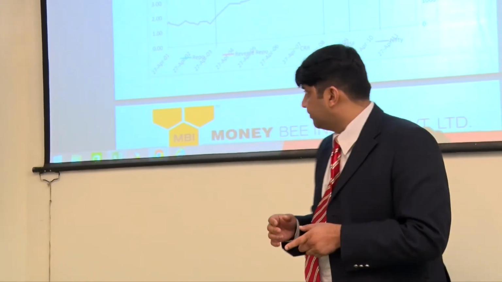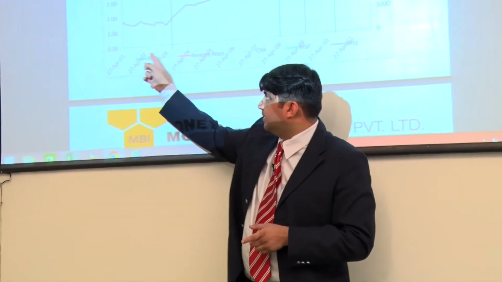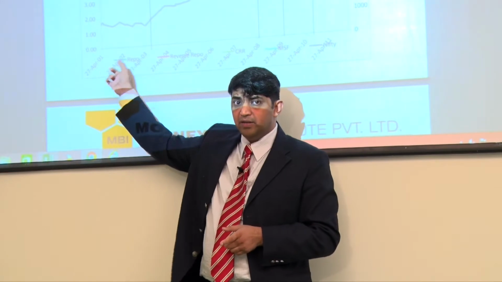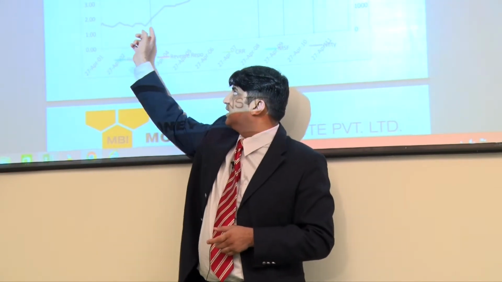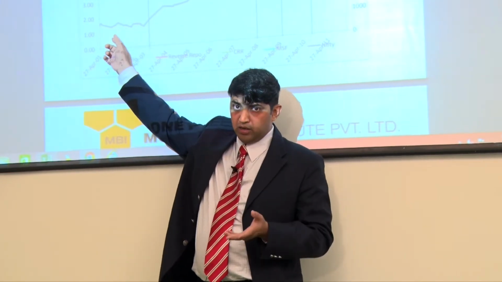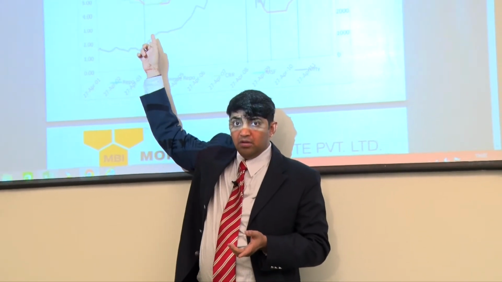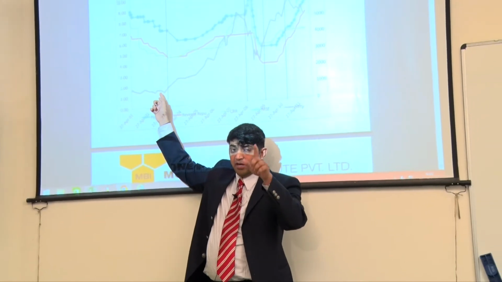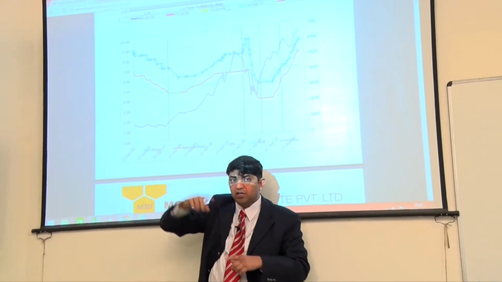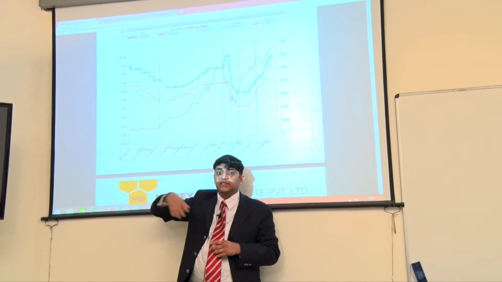Because what happened during this same period? While equity as an asset class did not move at all, when interest rates came down, that translated into bonds, and specifically long term bonds, delivering excellent returns.